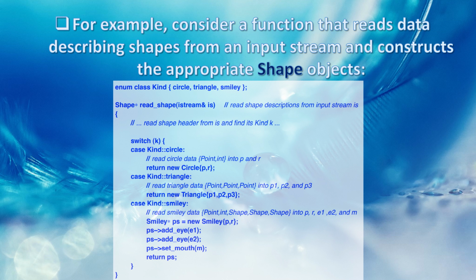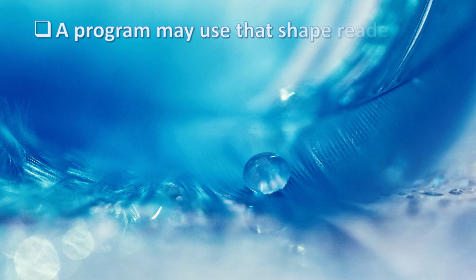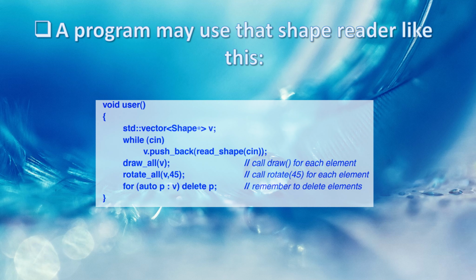Smiley* ps = new Smiley{p,r}; ps->add_eye(e1); ps->add_eye(e2); ps->set_mouth(m); return ps. A program may use that shape reader like this.